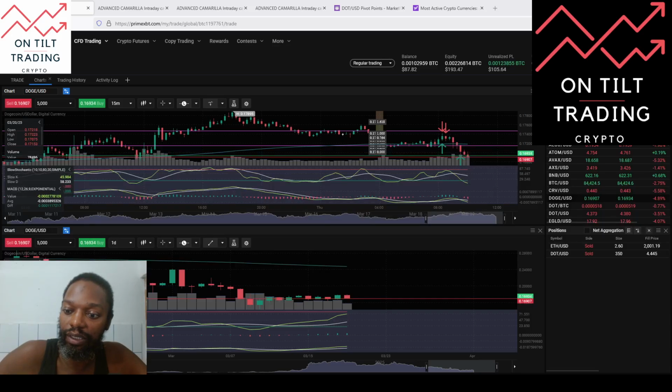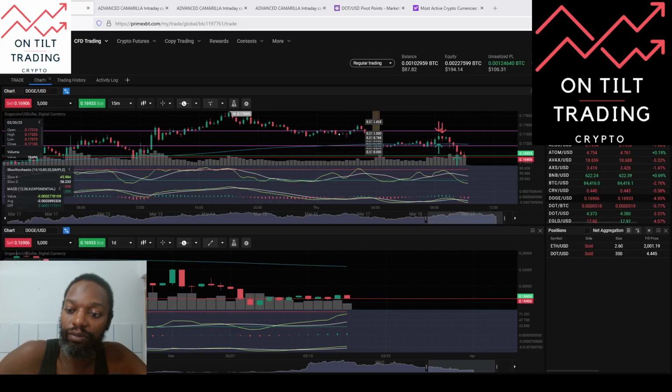We can also see the increased volume on this candle, and on this candle here as the sell-off continued, and potentially DOGECOIN is set for another leg down. This here is the S4, and here is the S6 level where I was able to take profits.